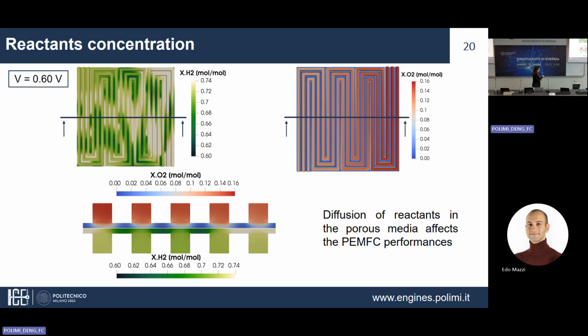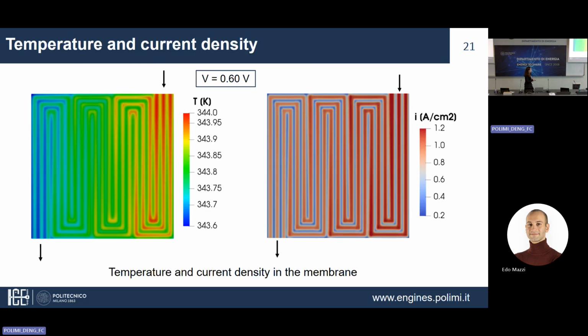And from the distribution of reactants, of course, we obtain also the distribution of temperature and of the produced current density over the membrane surface. And so we can see that where the current produced is higher, of course, the temperature that is computed is higher.